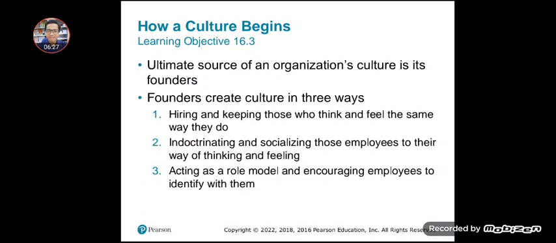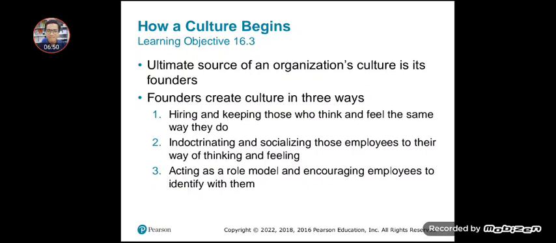Okay, how a culture begins. Cultures start from the very beginning of the organization with the founders. Founders will tend to hire and keep employees who view things in a similar fashion.